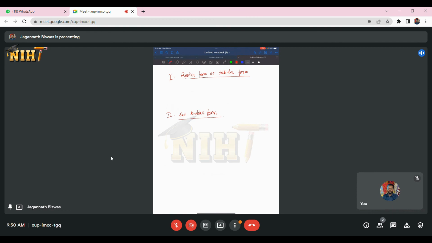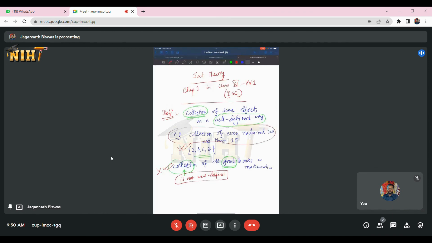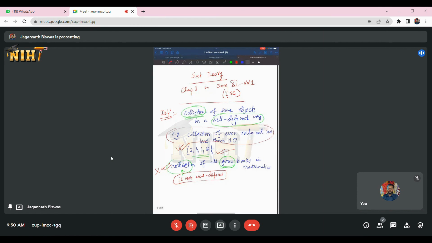The roster form is very natural to understand. If I give the first example, this notation was actually nothing but the roster form or tabular form.